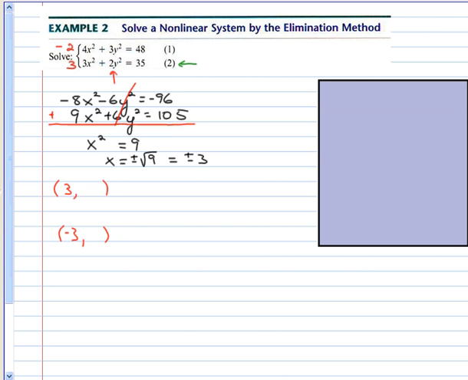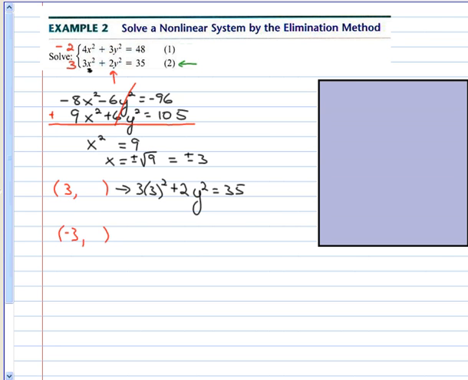My numbers are smaller. So let's start with that 3. X value of 3 into the second equation. 3 times 3 squared plus 2 times y squared, that's what we don't know, equals my 35. I just substituted an x value of 3 right here in that second equation.